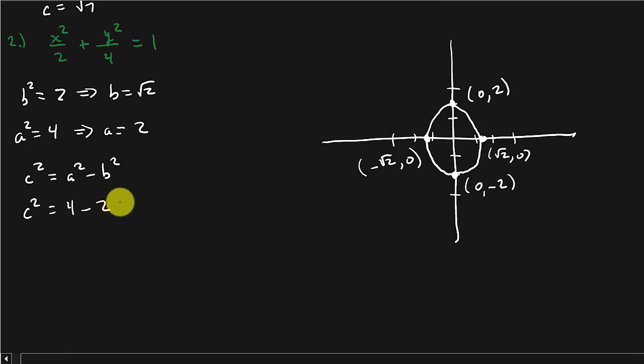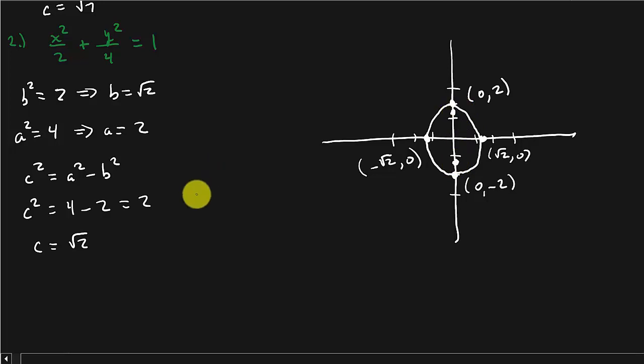The 2 is b squared. And so that's 2. So c is equal to square root of 2. So my foci, that's along the major axis, which is vertical in this case. It's going along the y-axis. So I'm going to go up square root of 2, down square root of 2.